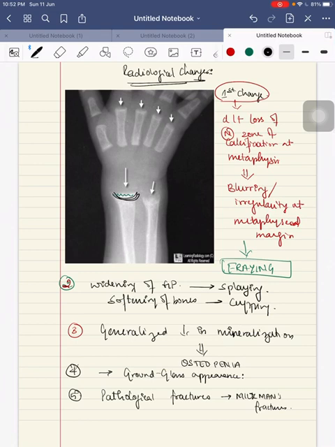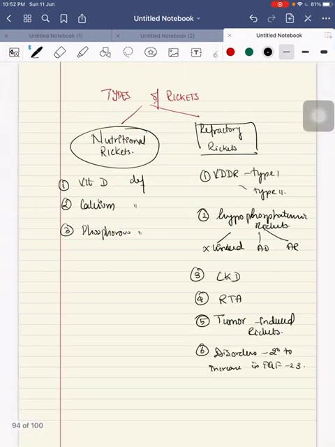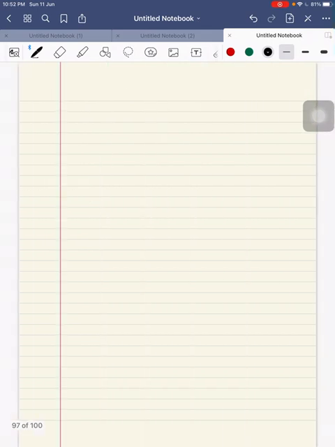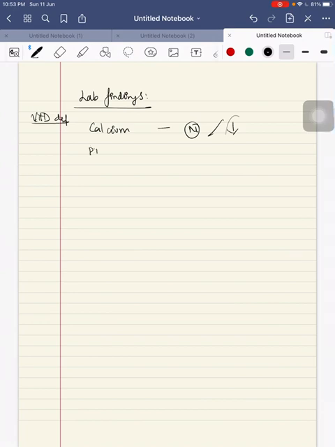Okay, what are the serum findings the child can have if the child is having rickets with vitamin D deficiency? Lab findings: serum calcium will be normal or it can be low in severe vitamin D deficiency. Second, parathyroid hormone will be elevated.